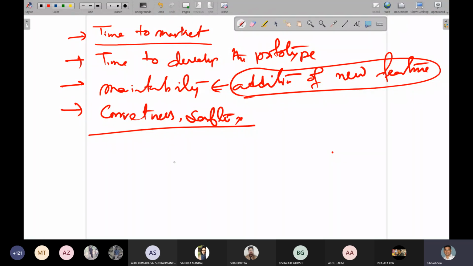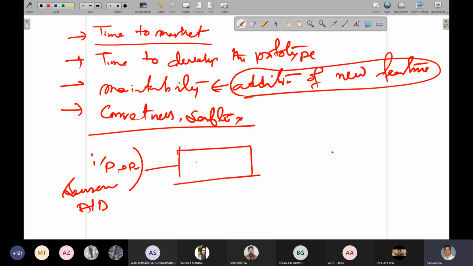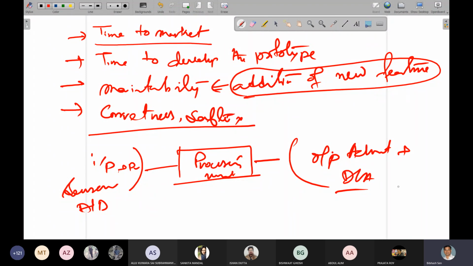Already we discussed that in an embedded system, one part is our input, maybe a sensor, and in the input side there is an A to D converter. Then you get the processing unit. Finally you go to the output, which may be an actuator plus a D to A converter.